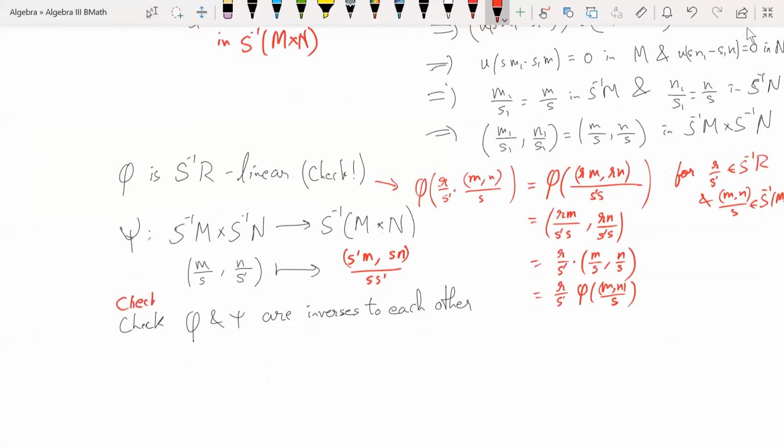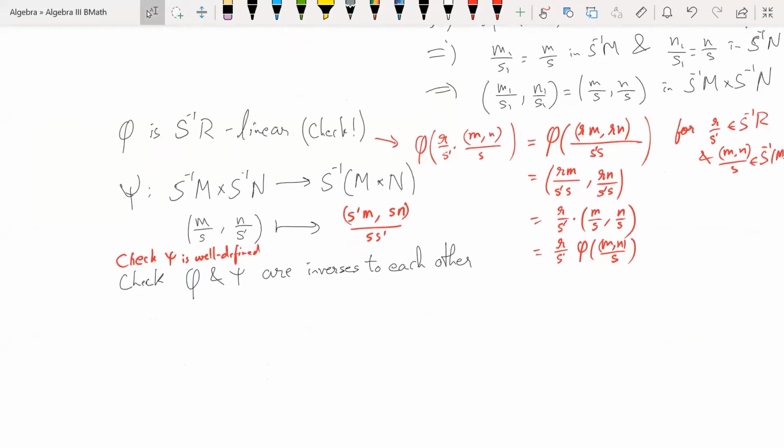One has to check that C is well defined. I'll leave it for you to check. It is similar to what we did here, and then we will check that phi and C are inverses to each other.